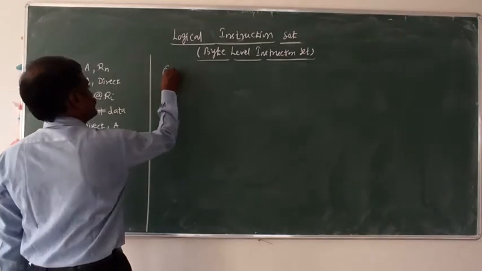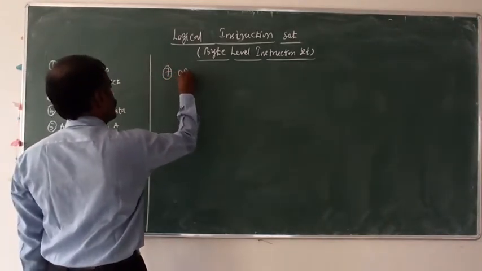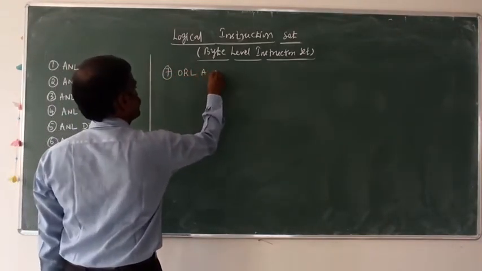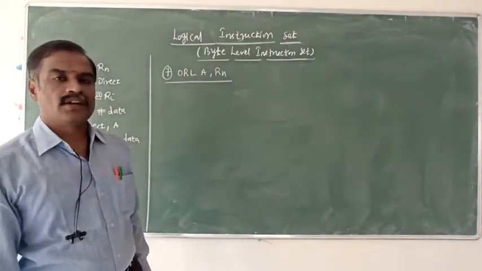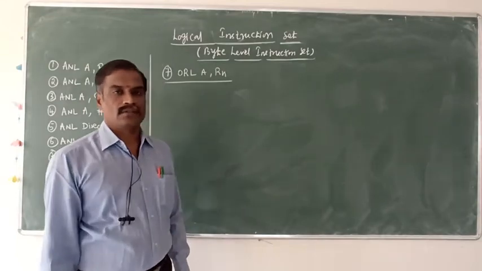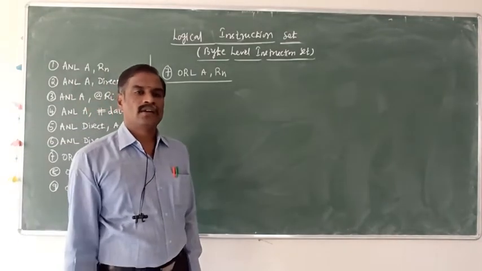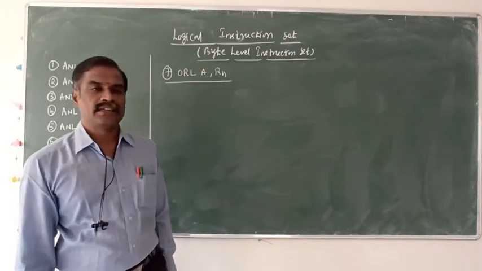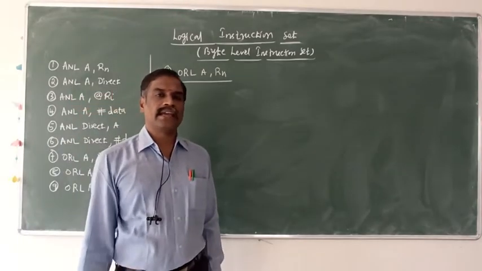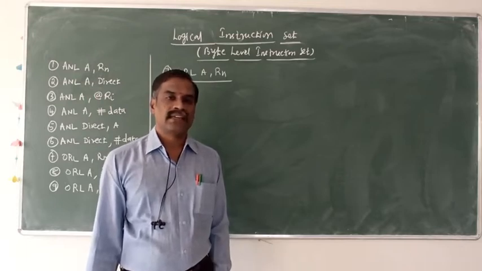The seventh one, ORL A, comma ORL. ORL means logical OR. What is the operation of logical OR? If both inputs are high, the output is high.